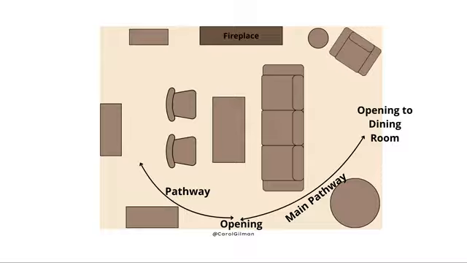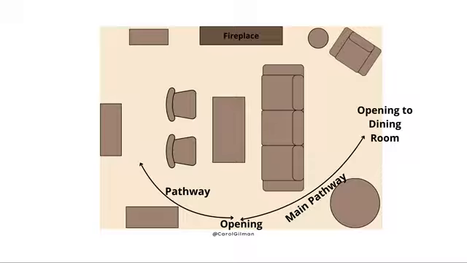And that's a really important pathway. I would even call those just kind of main pathways where we really need to leave those open and clear as possible because they really are these main areas where we have the main traffic, we could call it, of the room.